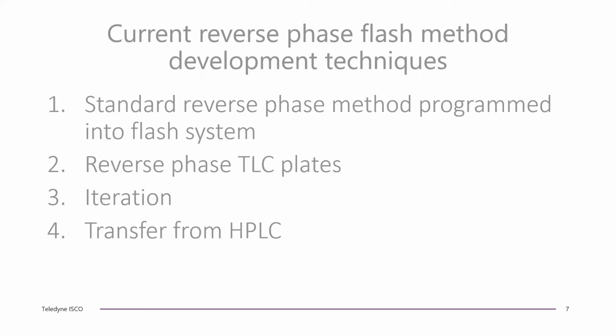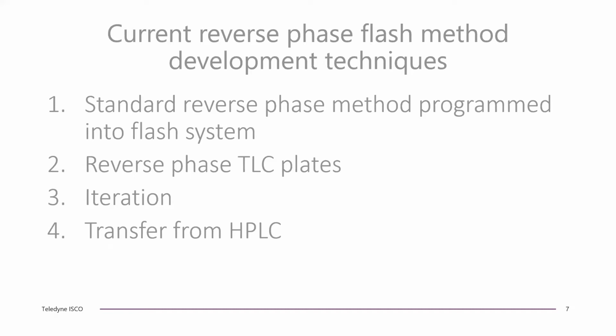Another technique is iteration. Start with a standard method or a scouting run. Flatten the gradient by guessing at the gradient start and end points. Run the new gradient, look at the retention time, and adjust the solvent composition at the start and end of the gradient. Repeat until the chromatography looks good.